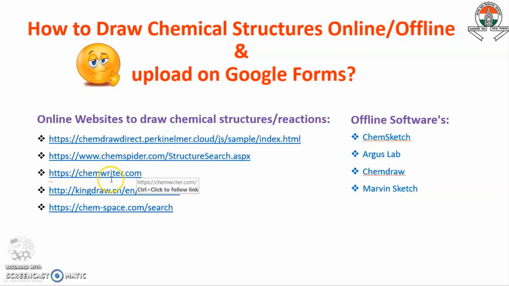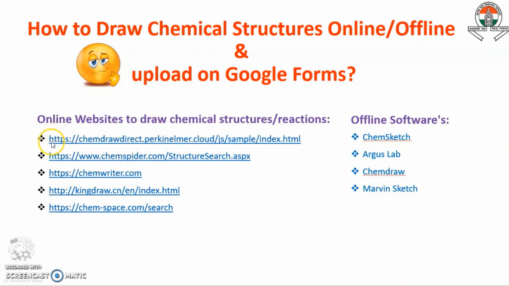You can also use chemwriter.com for drawing chemical structures and writing reactions, kingdraw.cn, chemspace.com. All these websites allow you to draw chemical structures and reactions online. So I would like to give you a demonstration using the ChemDraw Direct Perkin-Elmer link.